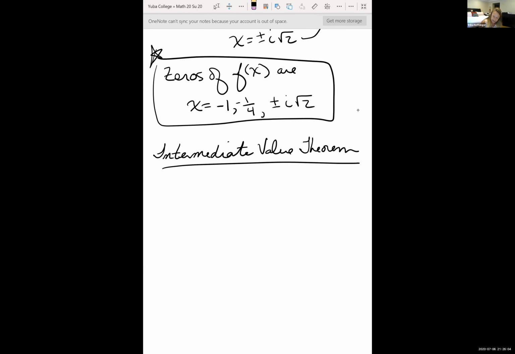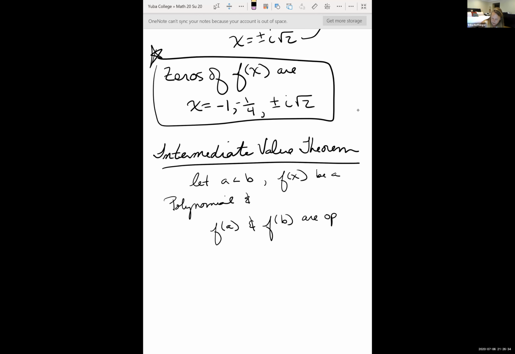So basically, let A be less than B. If f of x is a polynomial, so let f of x be a polynomial, and if f of A and f of B are opposite signs, then there must be a zero between x equals A and x equals B.